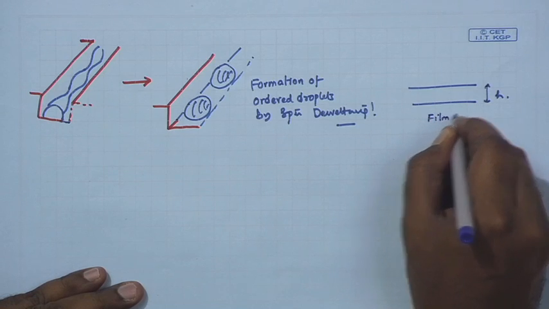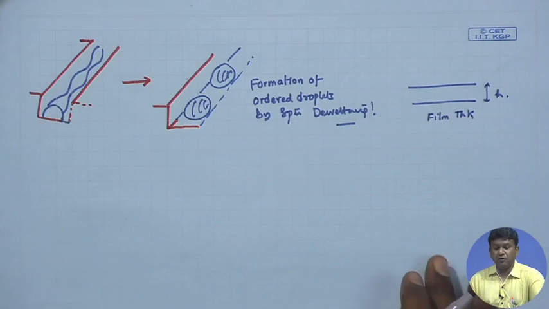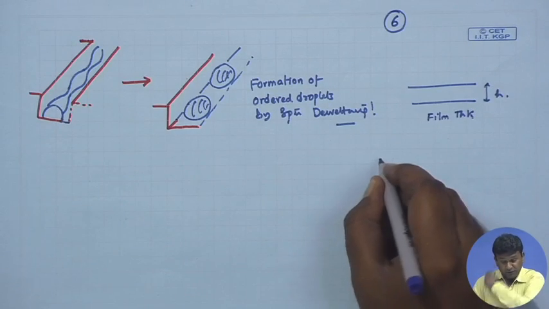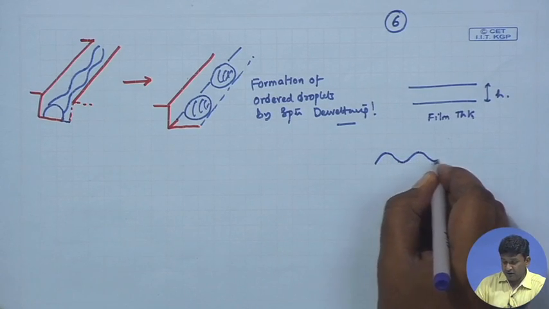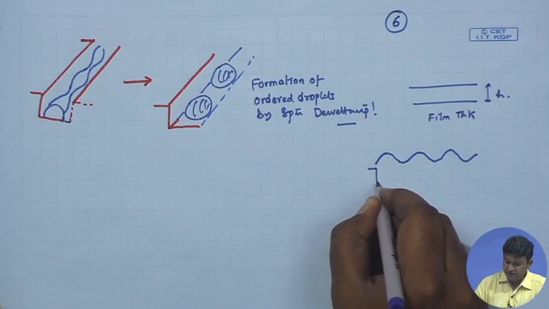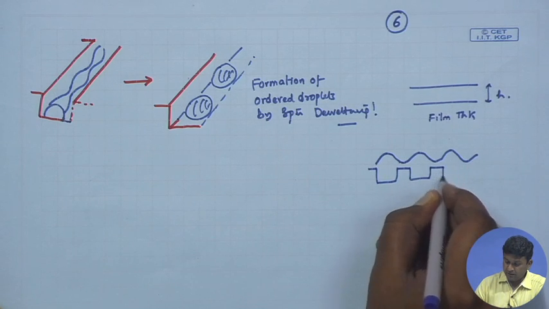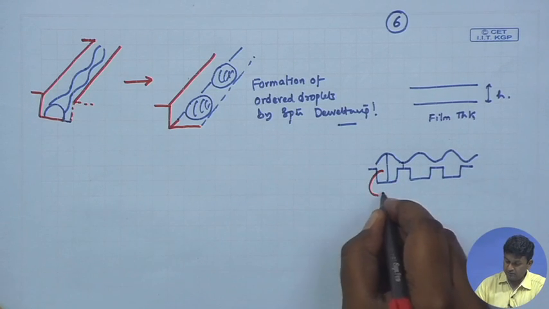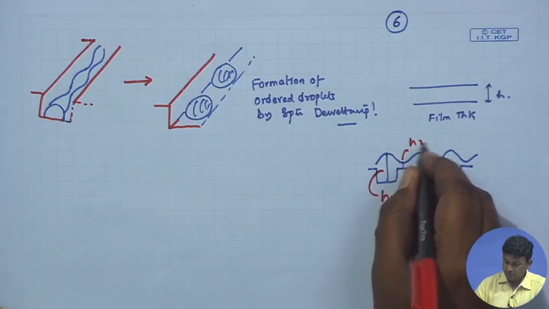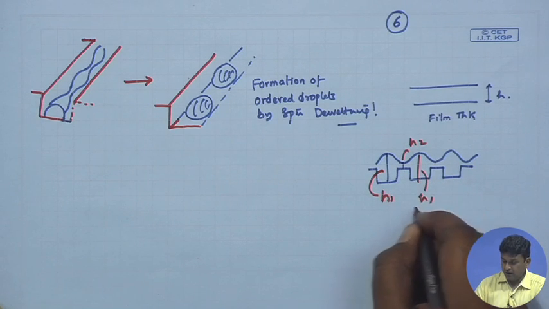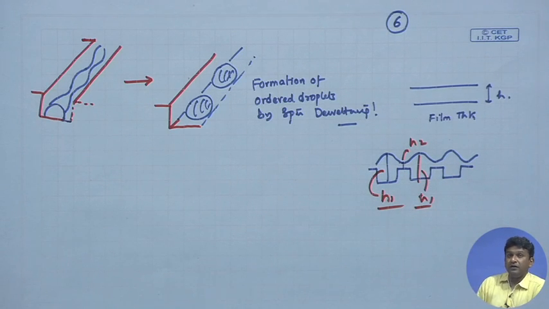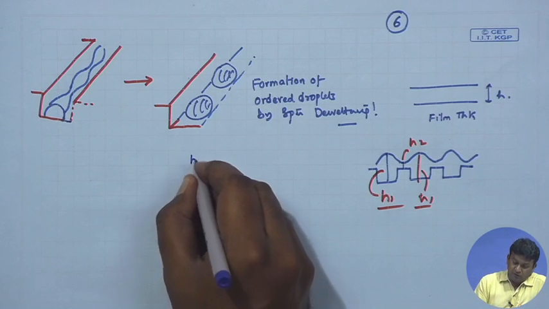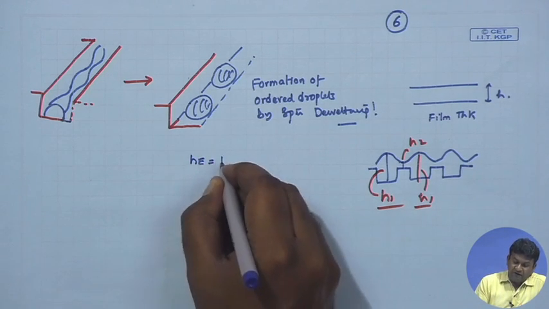But even if your film is continuous on a topographically patterned substrate, you have undulations like this, where in fact film thicknesses are different. So a convention that is followed is to represent an effective film thickness.